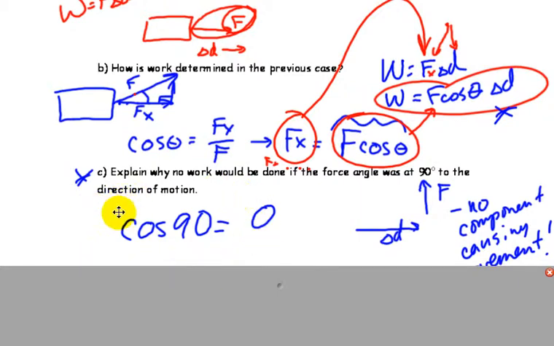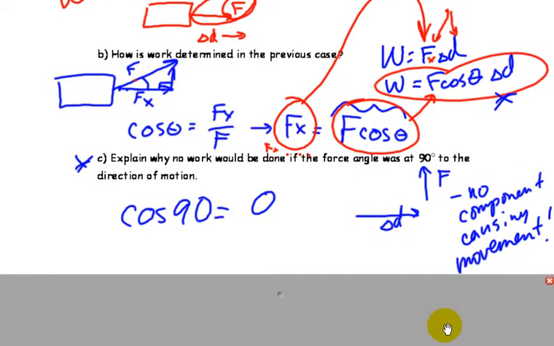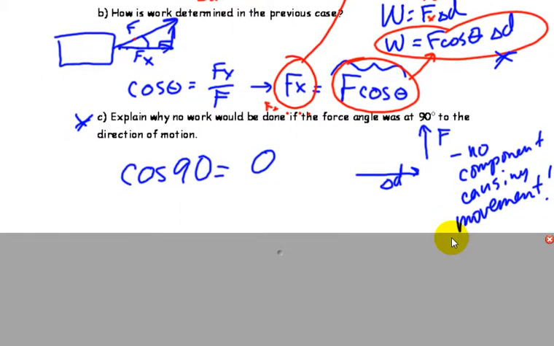Because from math, you know that the cos of 90 degrees, which is what that angle would be, is 0. So none of that component would be causing the movement to happen, so there's no work being done by that force. That's why perpendicular force and displacement cause no work.